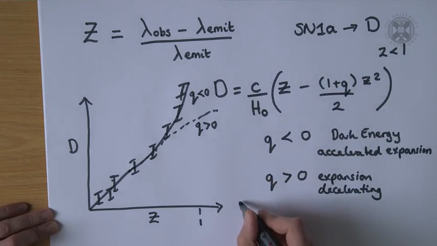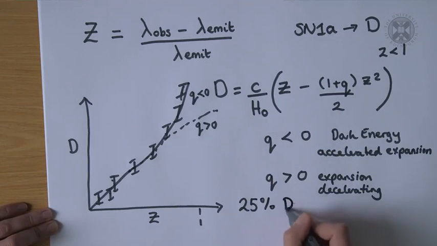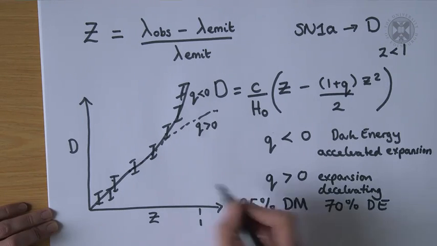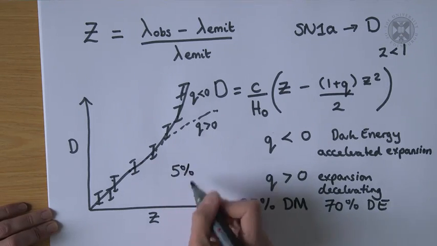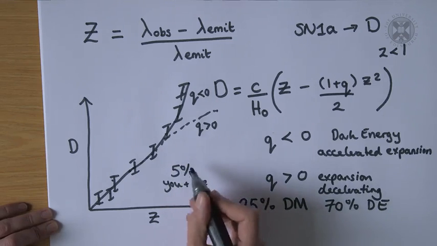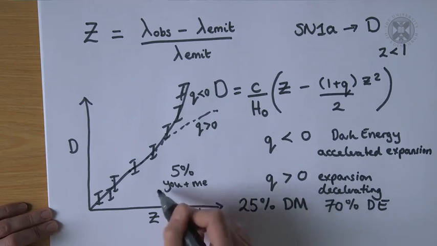And what you find is that our universe is made up of 25% dark matter, 70% dark energy, and the rest, 5%, you and me, the stuff that we're made up of, baryons. I find that really staggering.